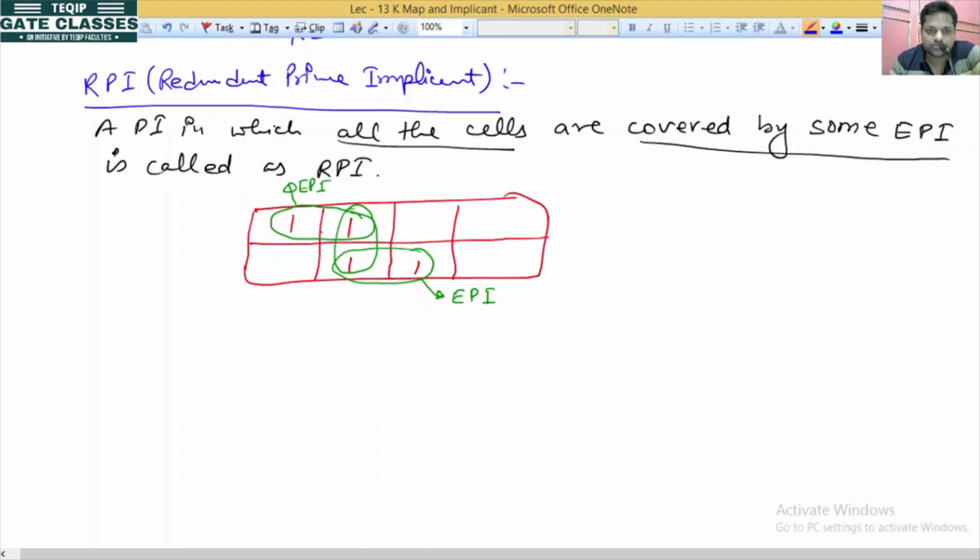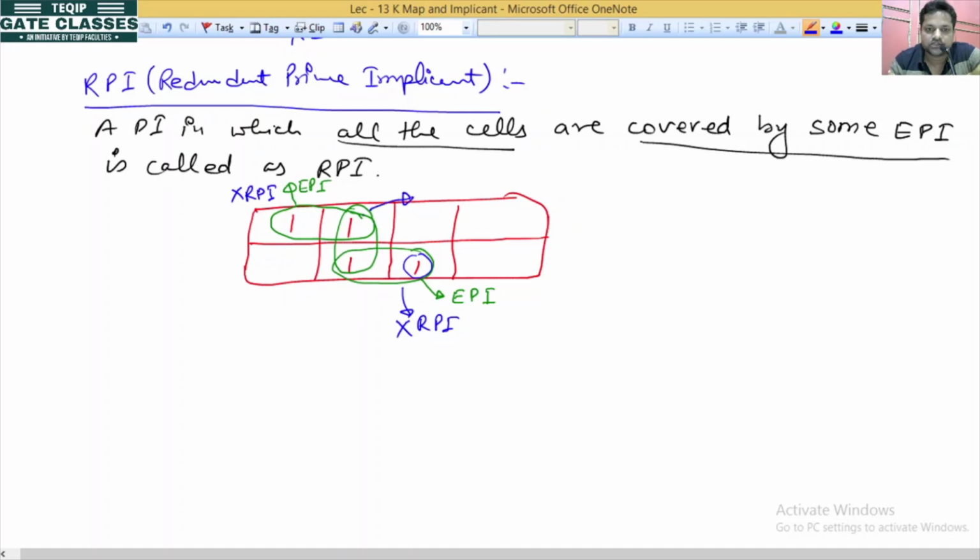If you see this EPI, is it RPI or not? This one is not covered by any other EPI, so this is not RPI. Similarly, this one is not covered by any other EPI, so it is also not RPI.